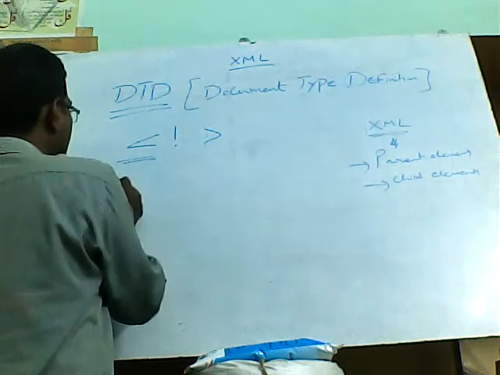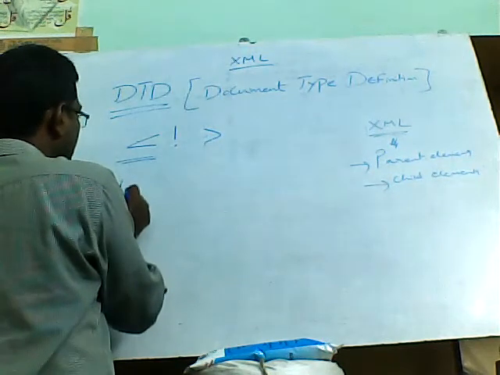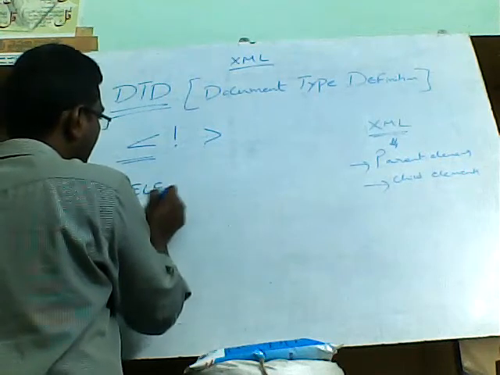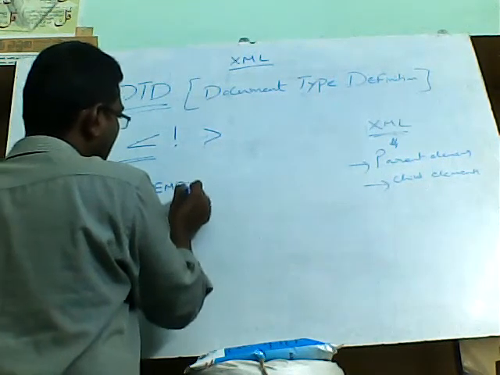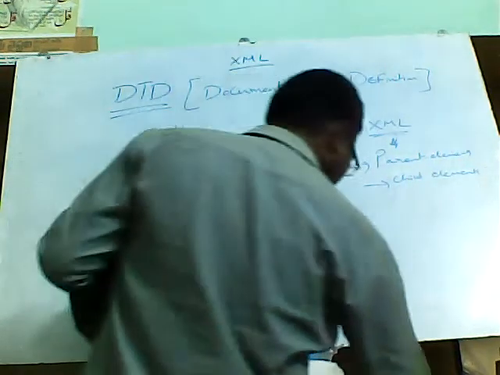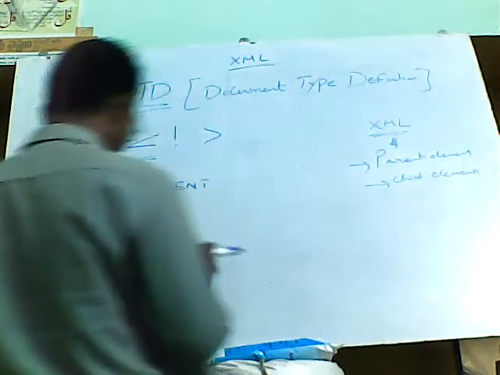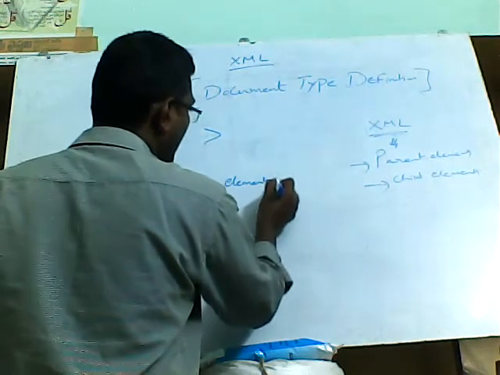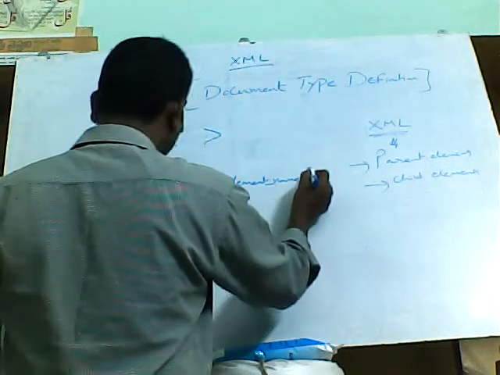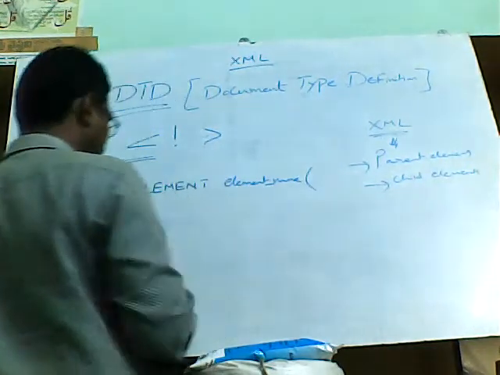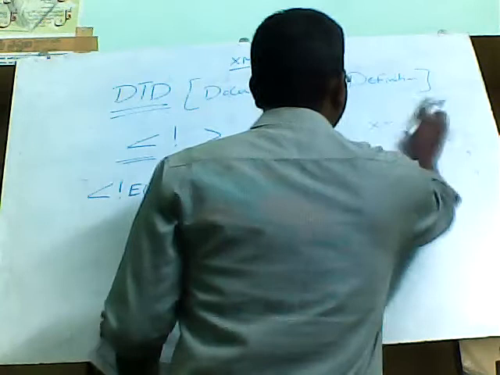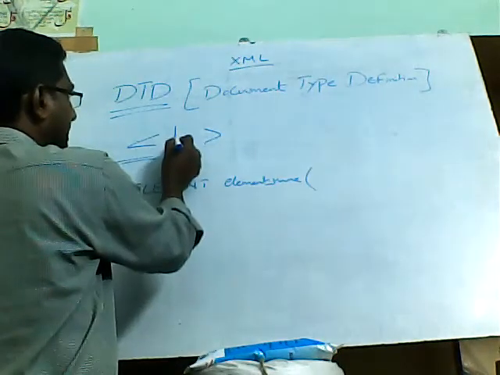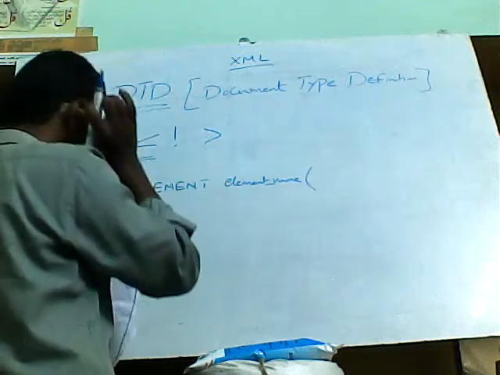Suppose for the root element, we write less than, exclamation mark, followed by ELEMENT in capital letters, then followed by the element name, then in brackets. Actually, this is the syntax: less than, exclamation mark, and closing the tag.